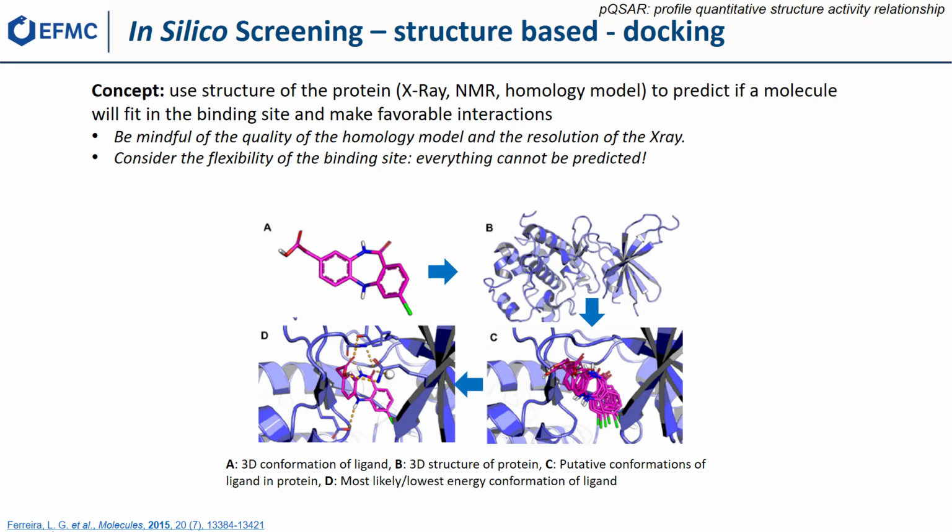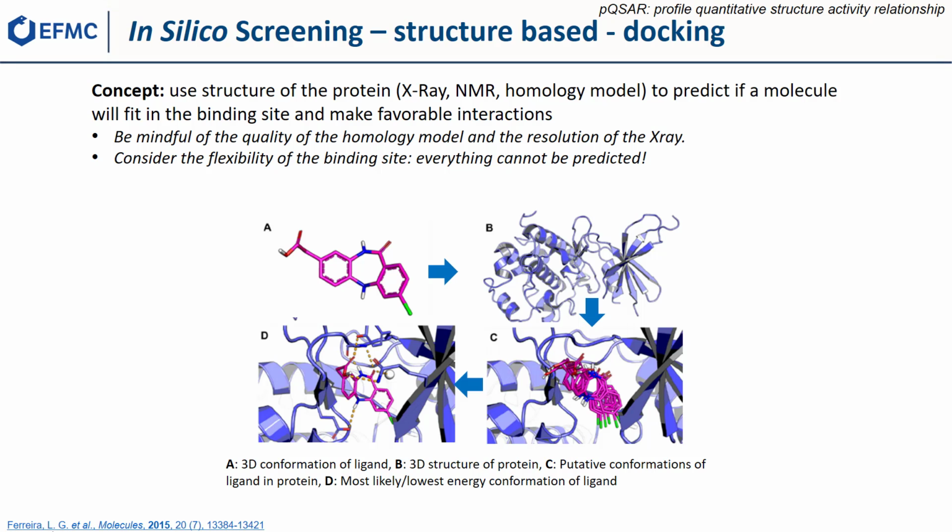The second type of in silico screening approach uses structure-based or docking approaches. Here we're using the structure of the protein that we get either by X-ray, NMR, or homology model to predict if a molecule will fit in the binding site and make favorable interactions. You have an example at the bottom. You start with the 3D structure of the compound.